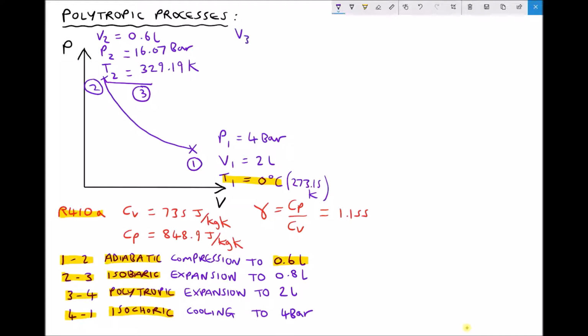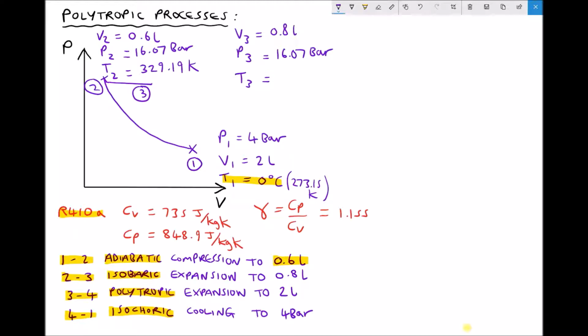But what we don't know is P3 or T3. Those are the two variables that we're going to find. As we've specified that moving from position 2 to position 3 is an isobaric process, we therefore know that P3 must be the same as P2, 16.07 bar.